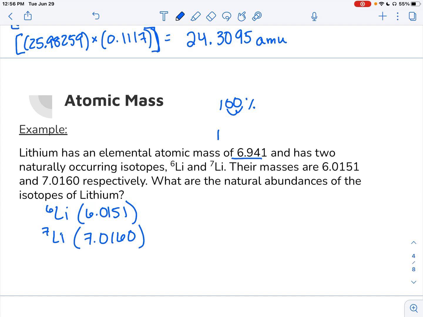So all that is to say, this is what we would figure out here. One of our isotopes is going to be X, and one is going to be 1 minus X. So now we can use the formula with our decimal percentages being X and 1 minus X.